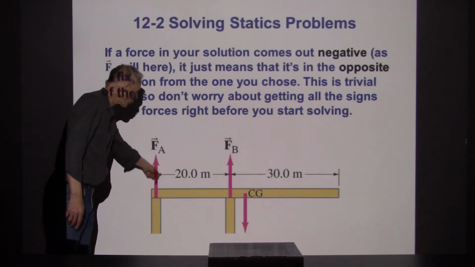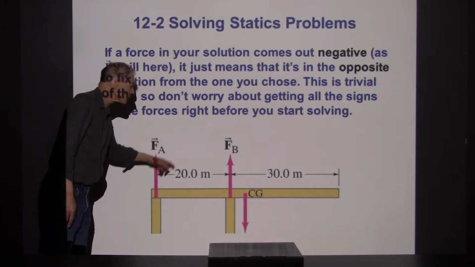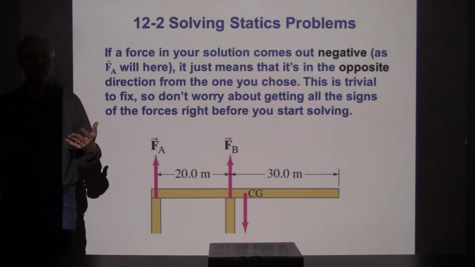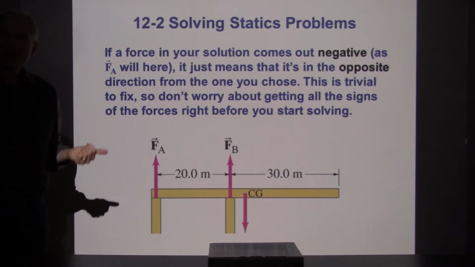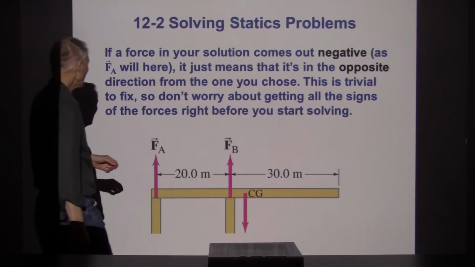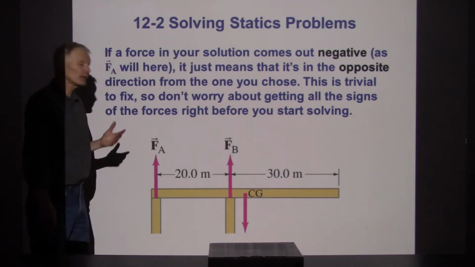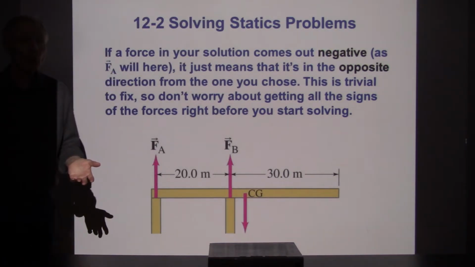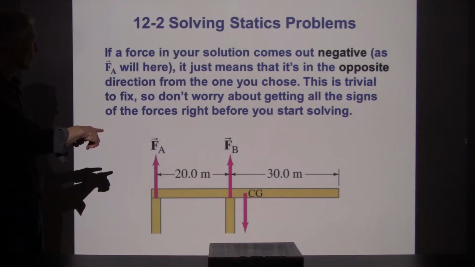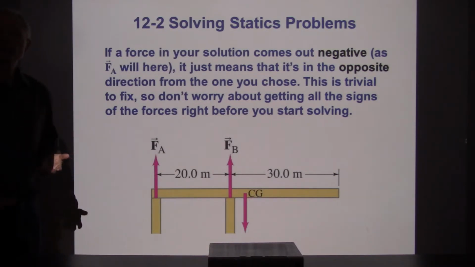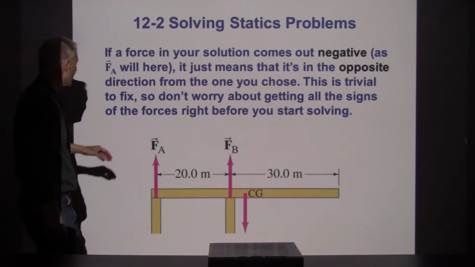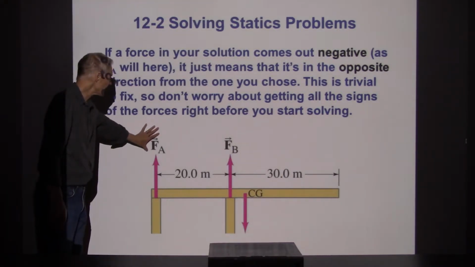I actually have to hold this side down because the tendency here is for this to tip. So is this going to be a problem if we solve with this force diagram? And it turns out it's not. If we set up the force diagram, and if by chance we get a few of the forces backwards, we'll still be okay because FA will turn out to be a negative number.